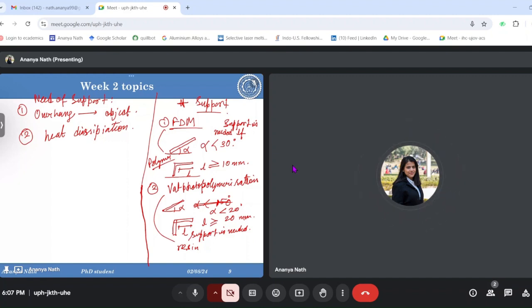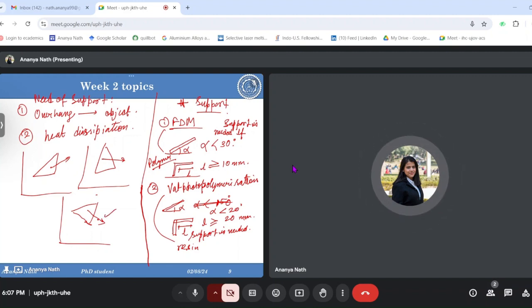We know from the class that if the triangle has this normal, then for this the support is needed, and for this the supports are not needed. But this is not always constant for every additive manufacturing process, which is a very important thing to remember always.